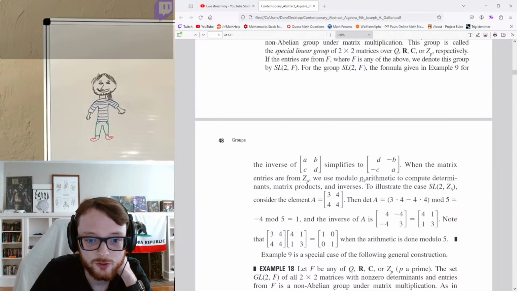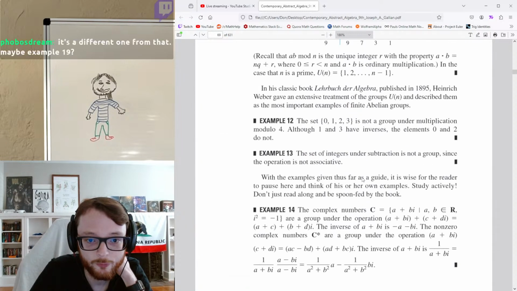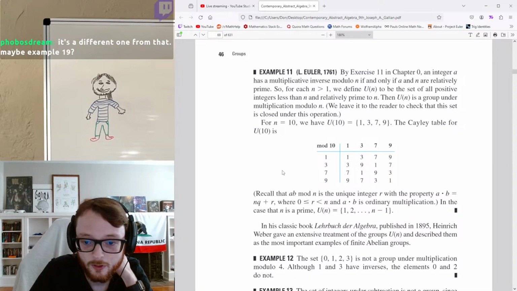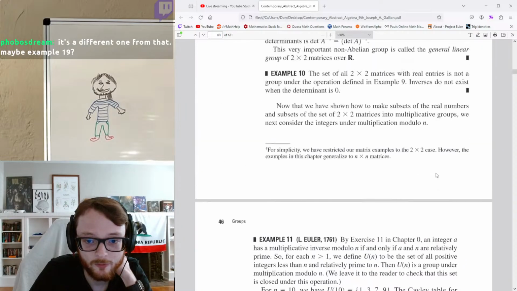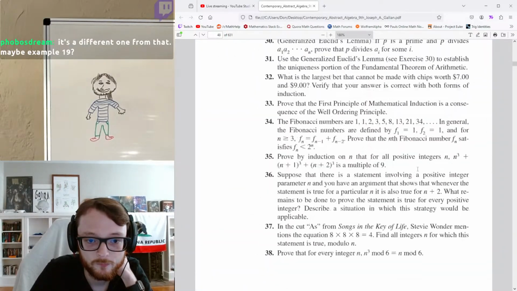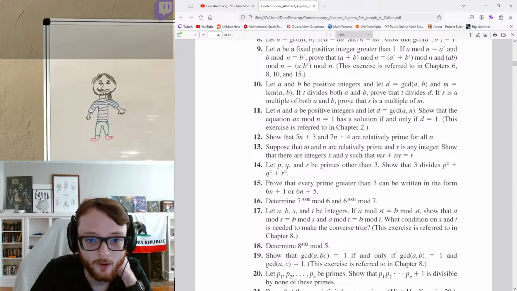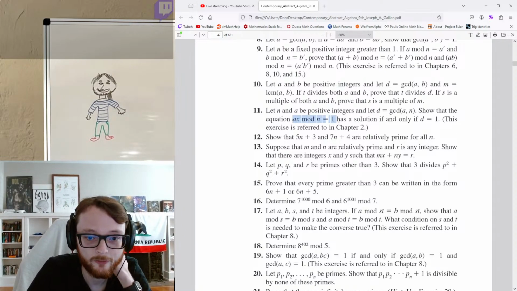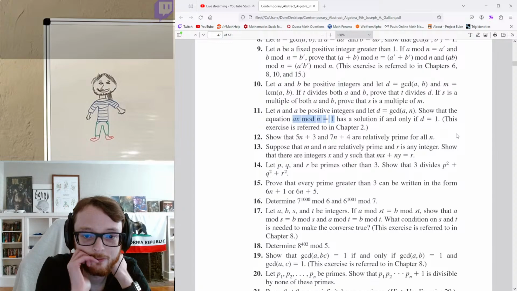You solve the equation ax mod n equals 1, and you solve it for x. Do they mention it here? Oh yeah, exercise 11 in chapter 0, which isn't the same for you, of course, but you do this, or like this is the multiplicative inverse, like how you find it, I guess.